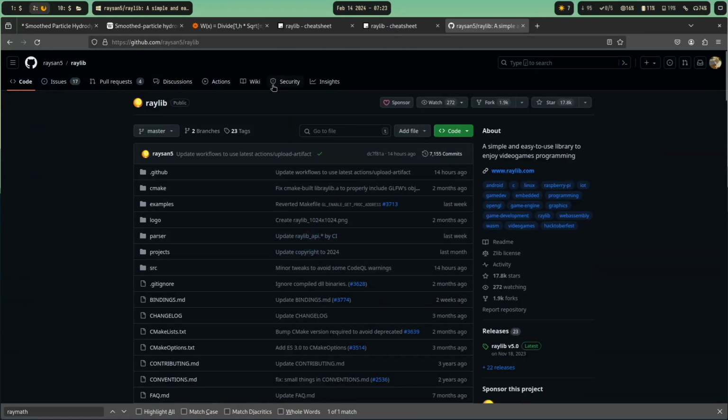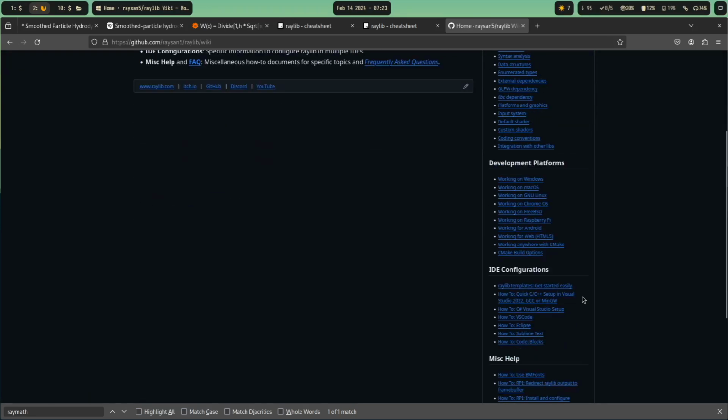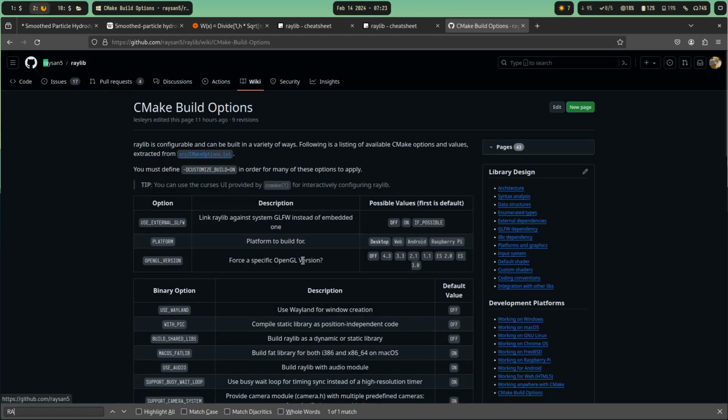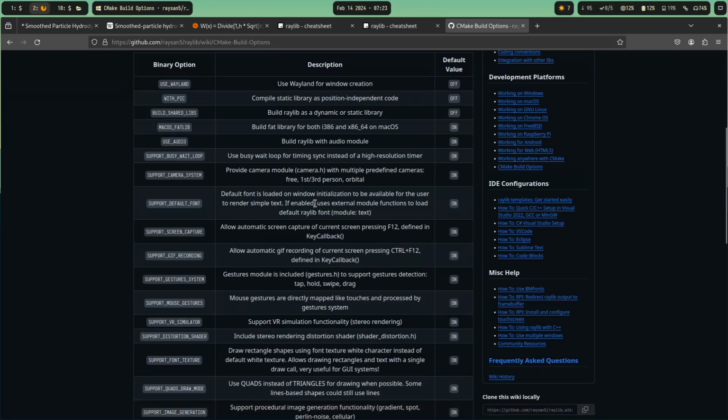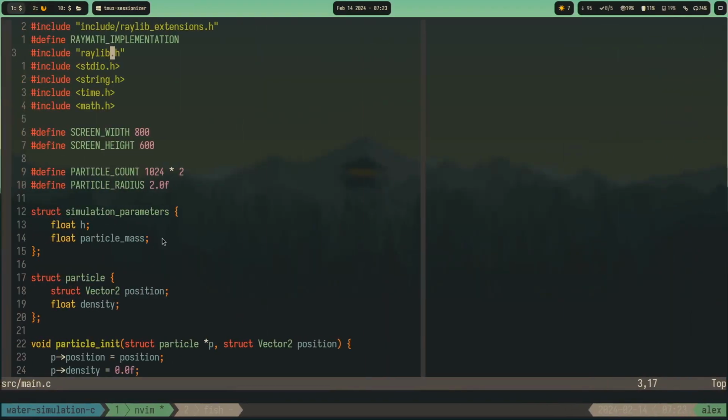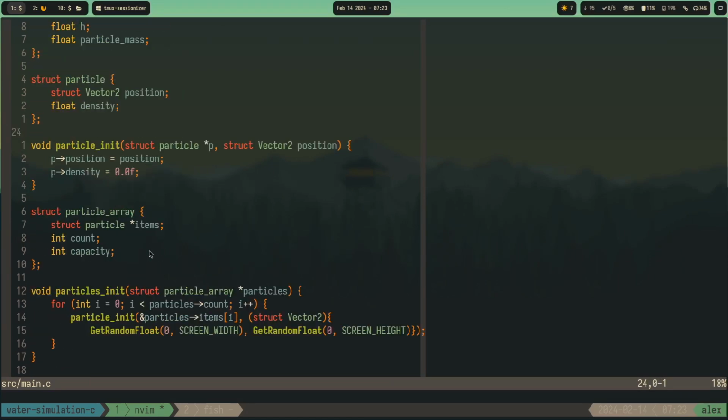Maybe we can see that in parameters, or what was it? Options. It's not here, so I have no idea. Anyway, we'll deal with it.